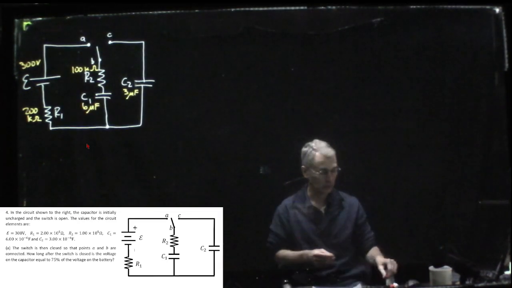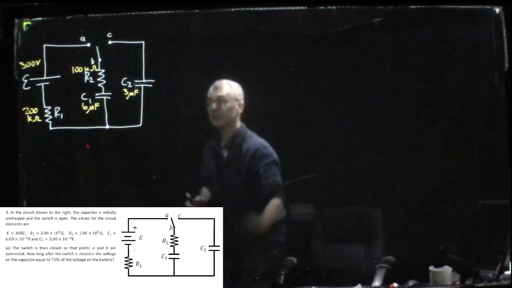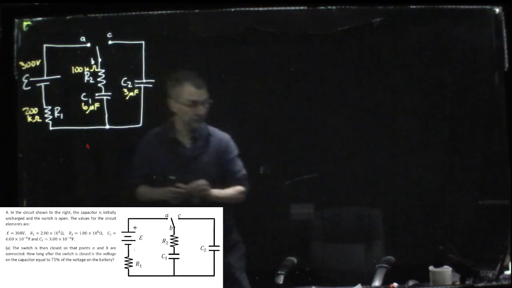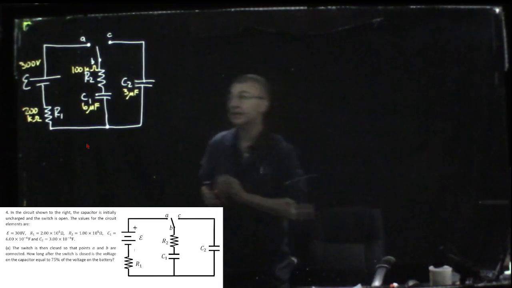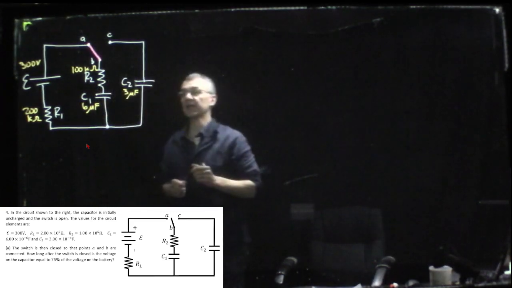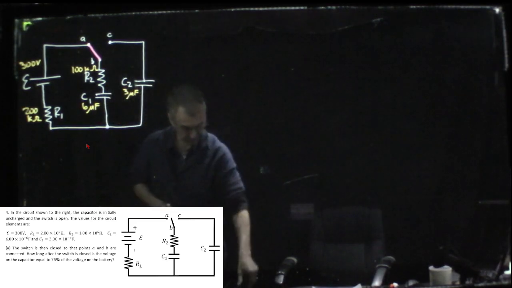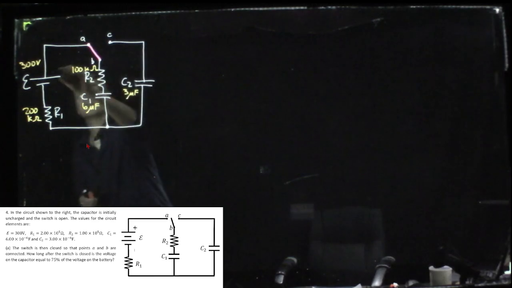All right. Whoa. So let's figure that out. So we're going to take this switch and we're going to close it such that A and B are connected like that. Okay. And then what's going to happen? I guess we're going to get a current like this.